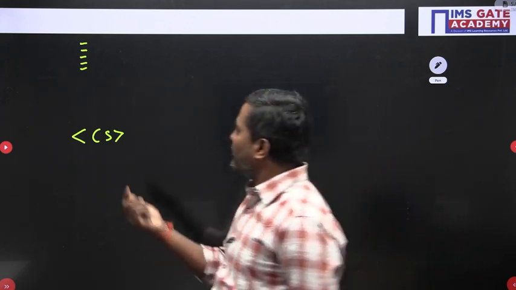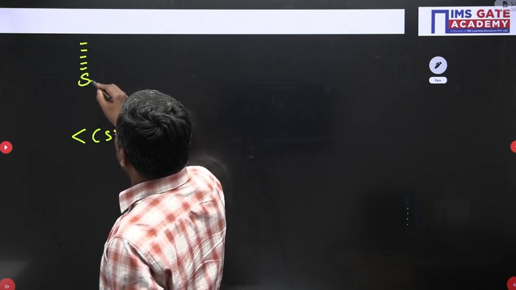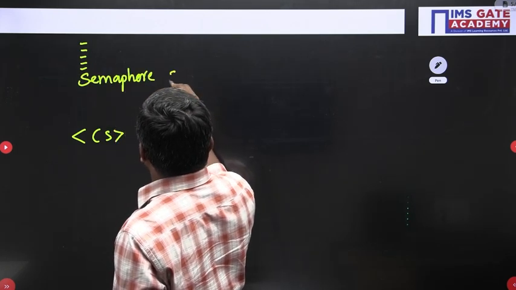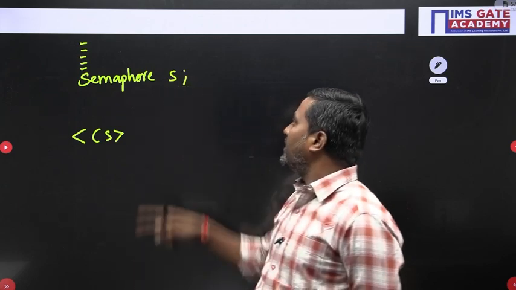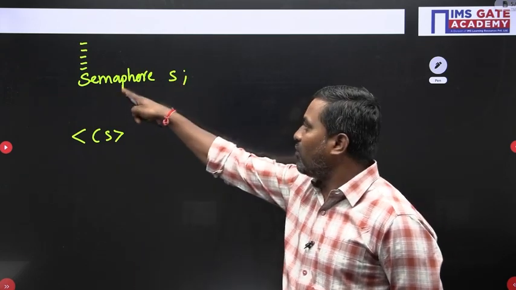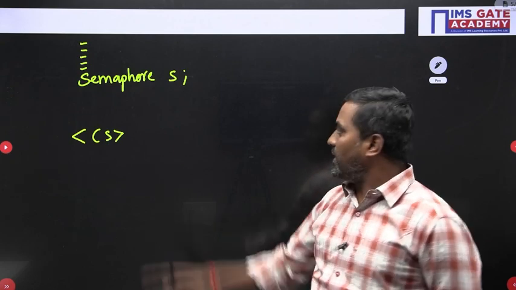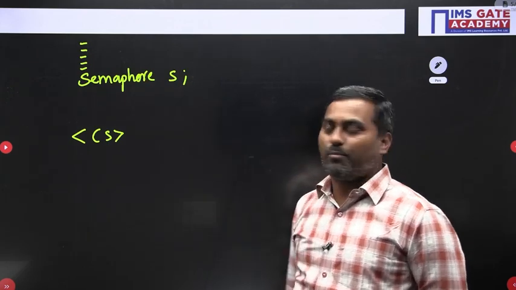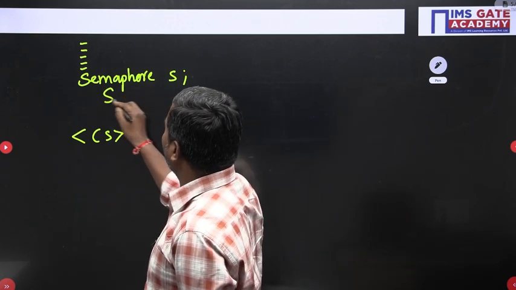First of all, I am defining the semaphore. S is a semaphore, a variable of semaphore type only.